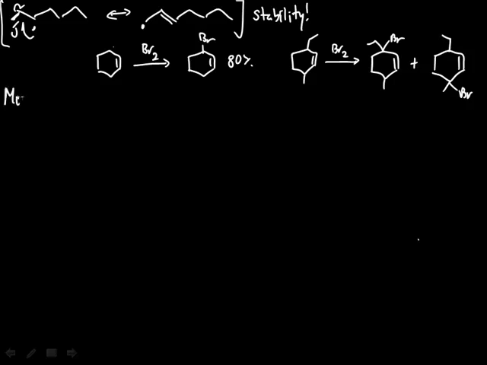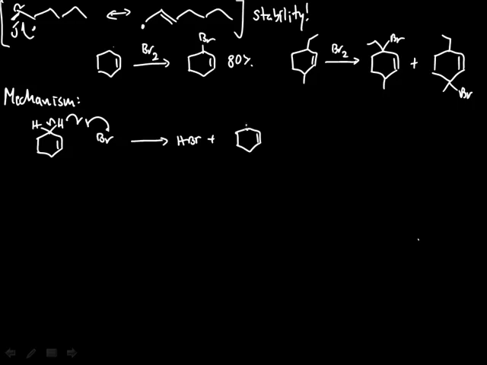Mechanistically, this works the way we've already seen it to work. So the two propagation steps. The first one starts with the reaction of bromine radical with abstraction of hydrogen, so we get HBr plus this radical, which now has the radical center right next to the double bond, and then the resonance structure can place this radical over here as well.